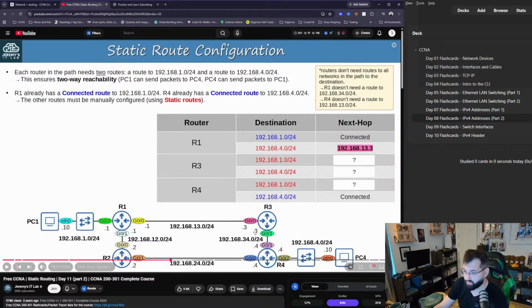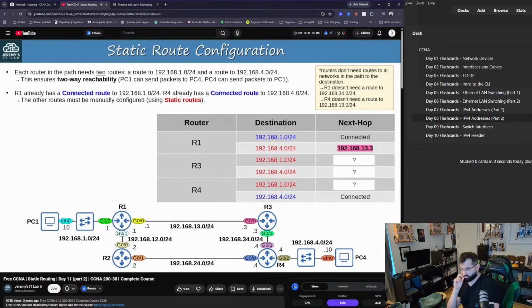And then 13.3 is here. So then the next hop's going to be 192.168.13.3, the IP address of R3's G0/0 interface. R1 has a connected route to 192.168.13.0/24, so it knows how to reach 13.3. It can then use that IP address as a next hop to send packets toward the 4.0/24 network.